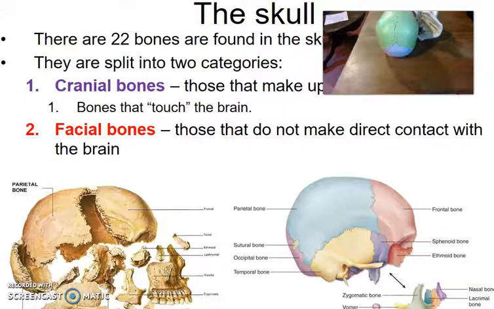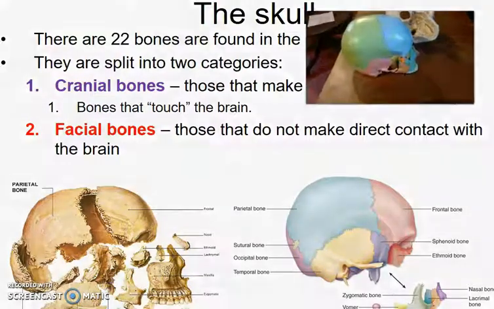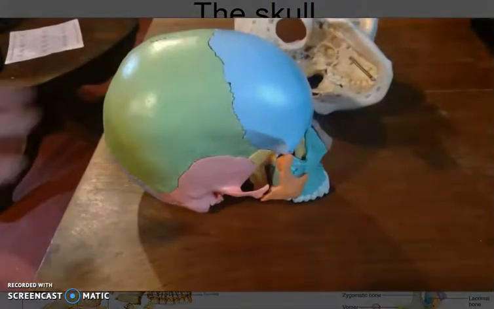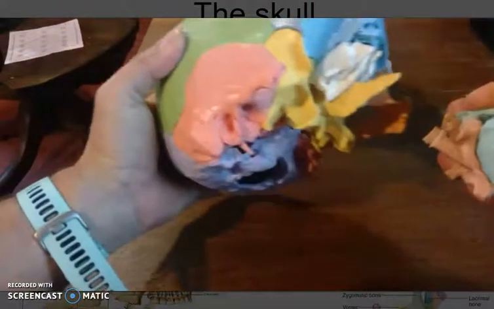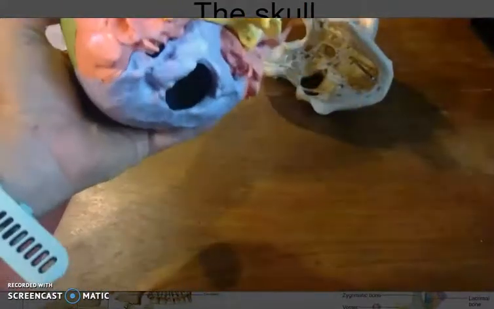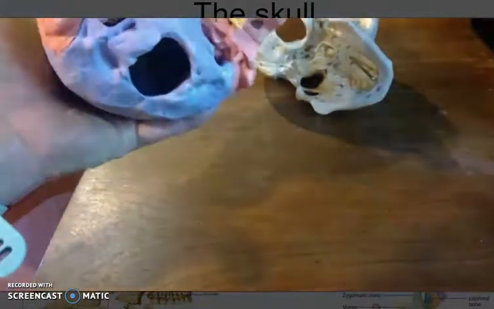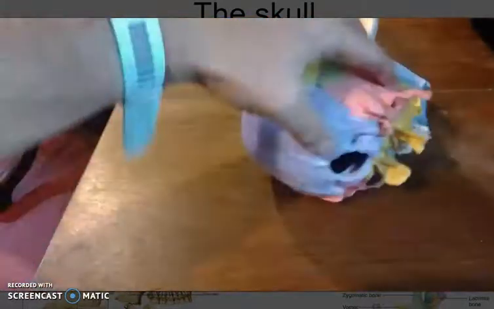So, the skull. The skull has 22 bones, more or less, and they're split into two categories. So, we have our skull right here, and I can actually pull this part off. Look how easy it is. You do not belong there either. And I'm never going to put this back together.